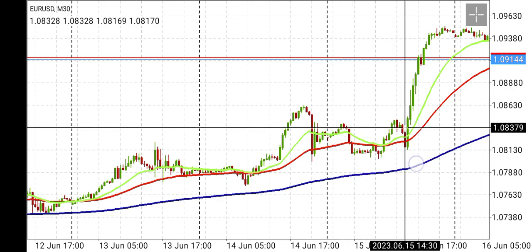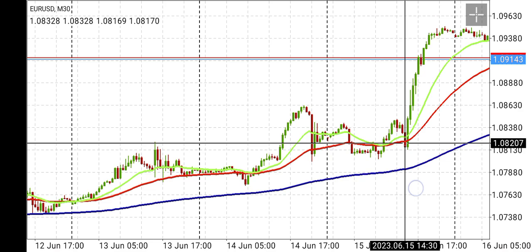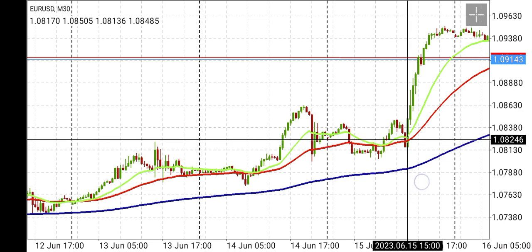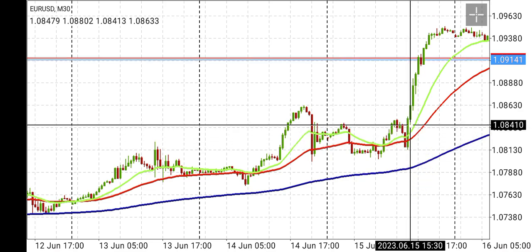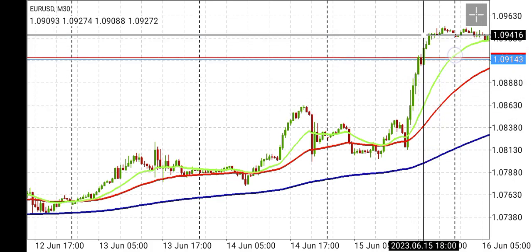It got to this point, and from here it dipped back before the market now retraced up. You see, this is a very reasonable bullish engulfing. Upon seeing this, it's an opportunity for you to jump in the market and do your thing. And you can see after entering the market here, what happened? Straight up, more than 150 pips the market moved.